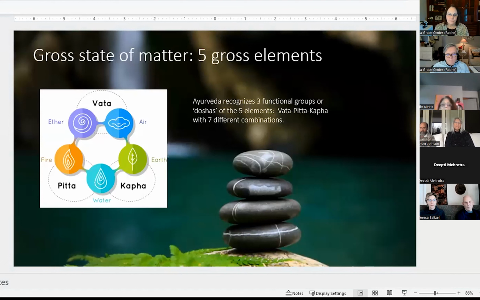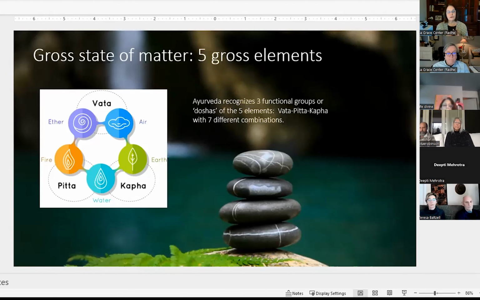What Ayurveda does, and it is certainly foundational to Ayurveda, is go a step further and group these 5 elements into 3 basic functional principles, which they call Vata, Pitta, and Kapha.